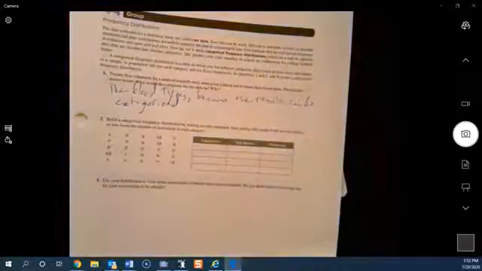Okay, now we get to number 2. It says, build a categorical frequency distribution by writing in your categories, then putting tally marks in the second column as you count the number of individuals in each category. So first thing we want to do is list the different blood types.